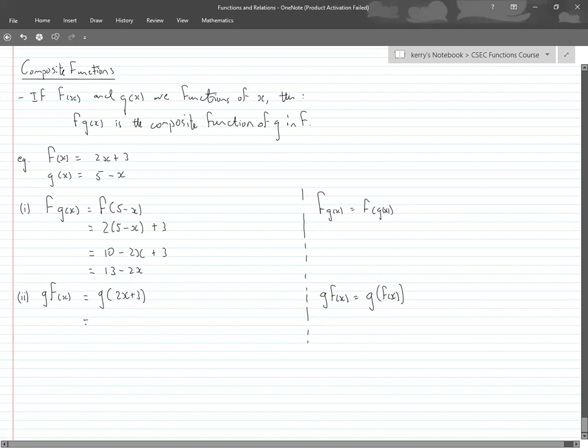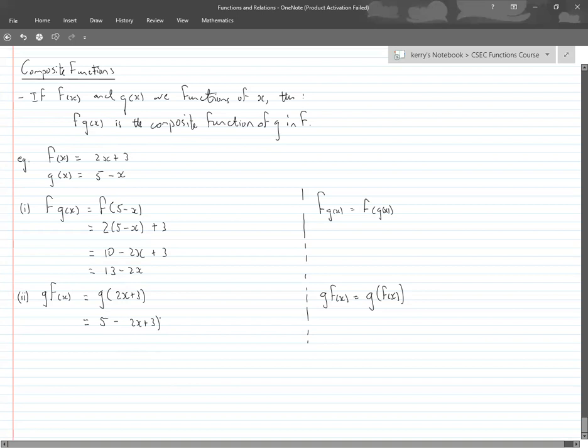It means that your input into g is now 2x plus 3. So g is this function, which is 5 minus the input. Because in this case, remember g of x, this is not inverse. So this is the input, 5 minus the input. And the input in this case is what is inside the brackets, which is 2x plus 3.